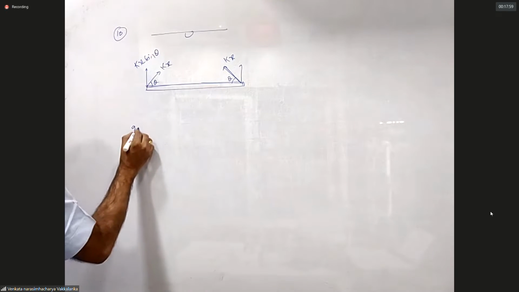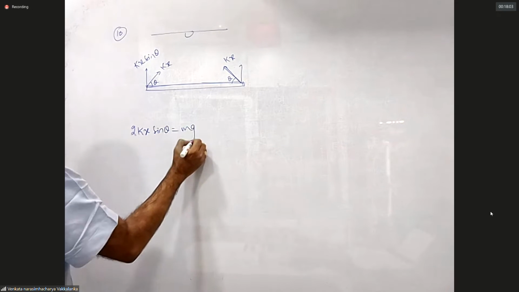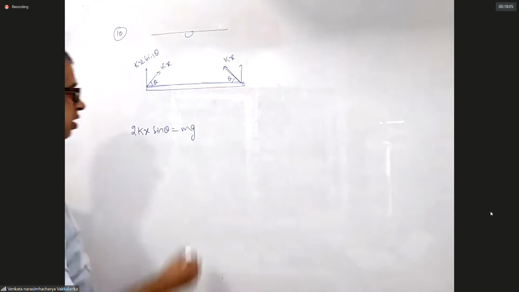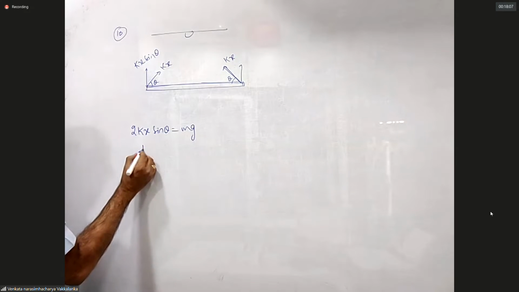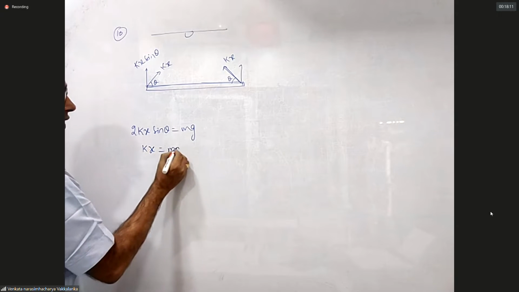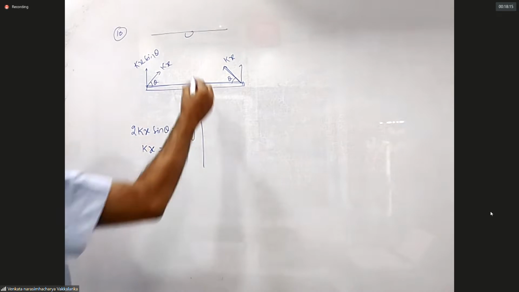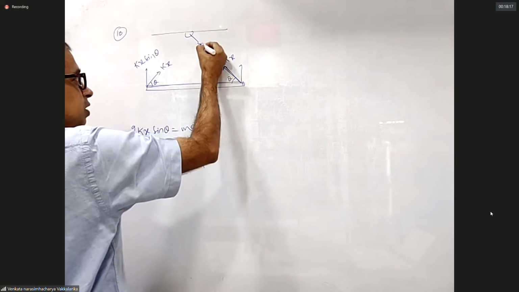So first equation is 2Kx sin theta is equal to mg. Initially, when the system is in equilibrium, this will be sin 30 and 2 will get cancelled. Kx is equal to mg. First bit of information before this spring is cut.